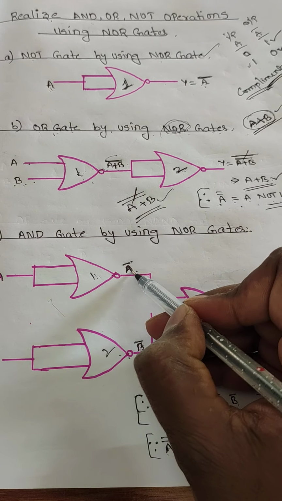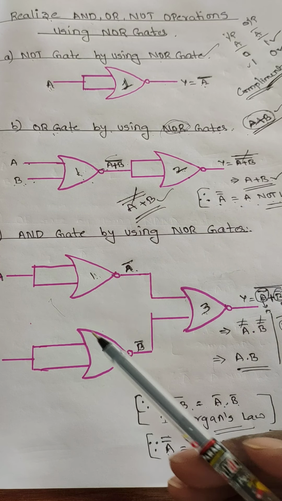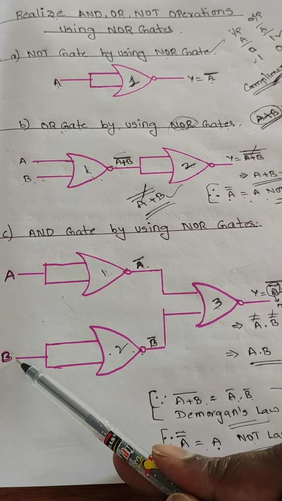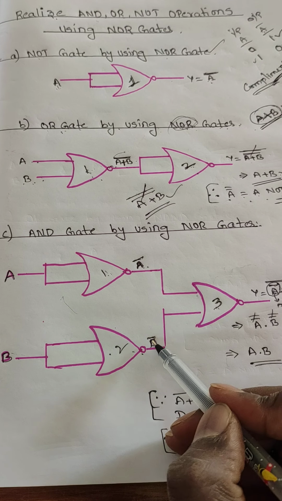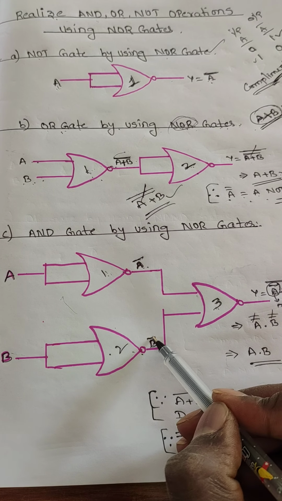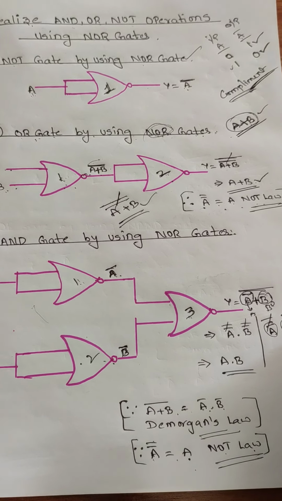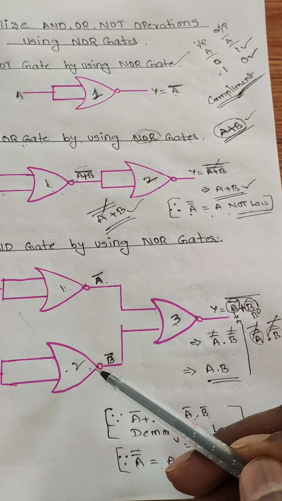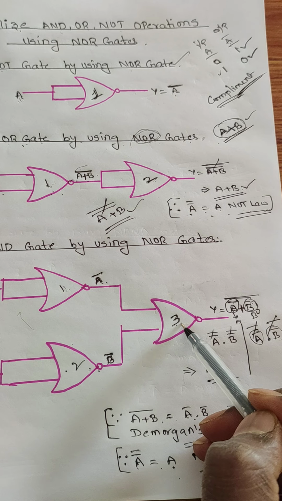Write down input A here and keep one bar. In the second NOR gate, you give one input B, write down B as it is and keep a bar above B. The outputs of the first two NOR gates are given as inputs to the third gate.